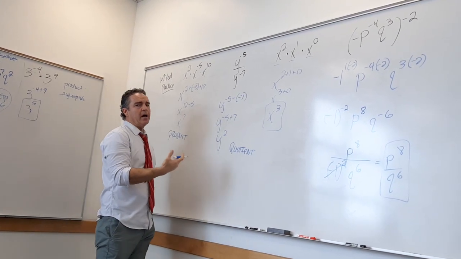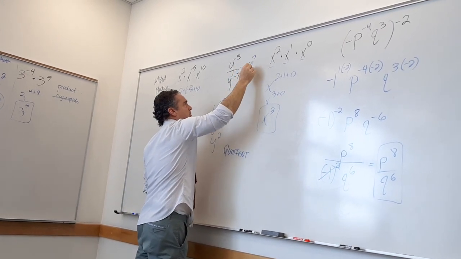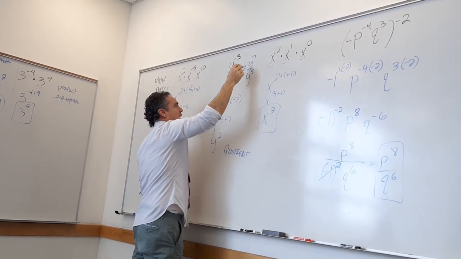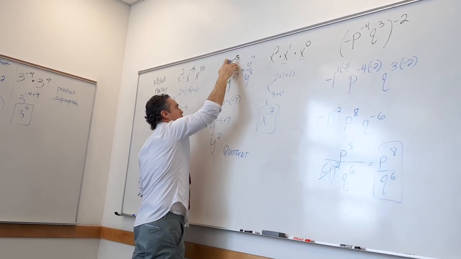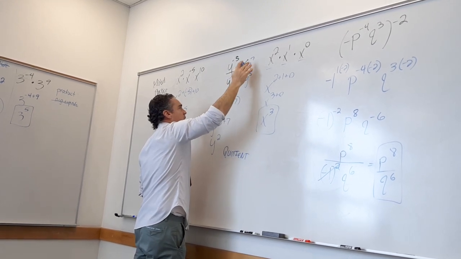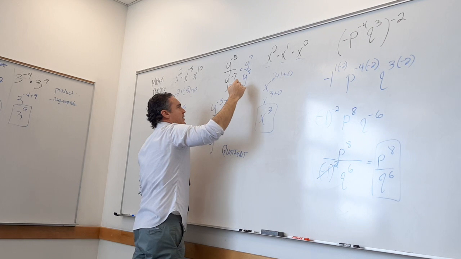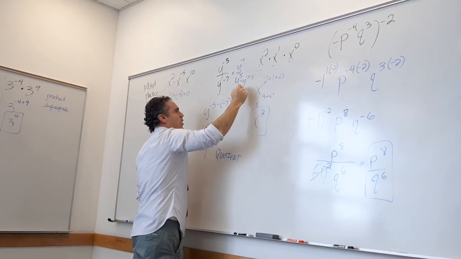There's another way to do this problem. You could say this is y to the 7th over y to the 5th. Why? Because that has a negative exponent, goes to its opposite place. This has a negative exponent, goes to its opposite place. Then you could apply the quotient rule, which says they have the same base. You could say, indeed, that equals y to the 7 minus 5, which would equal y to the 2nd.